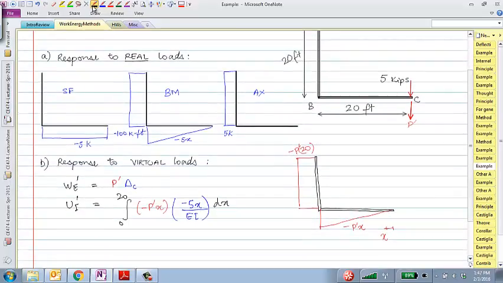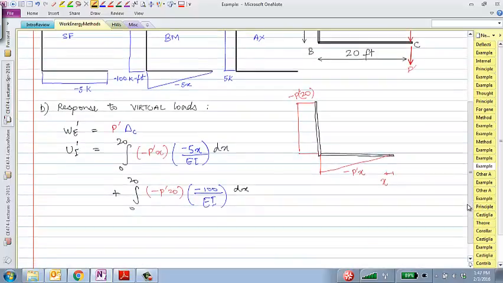And I need to add the vertical component, plus 0 to 20 of virtual bending moment minus P prime times 20, real curvature, that would be minus 100 over EI, dx, right?